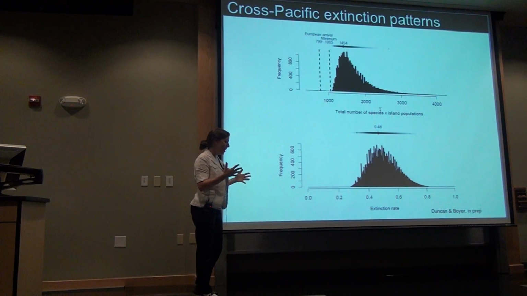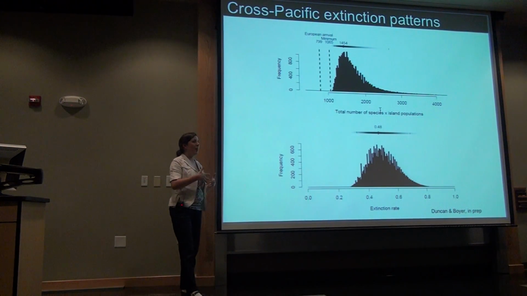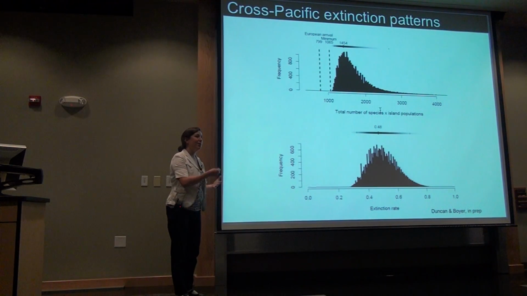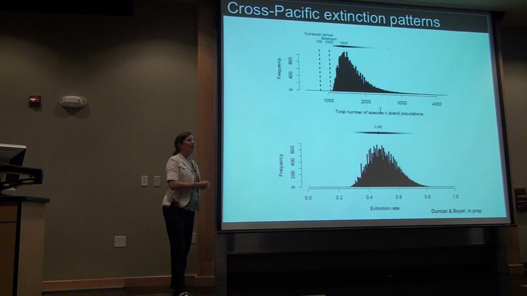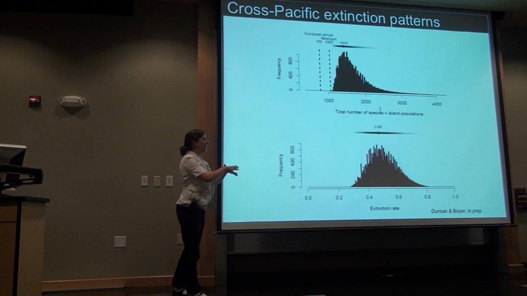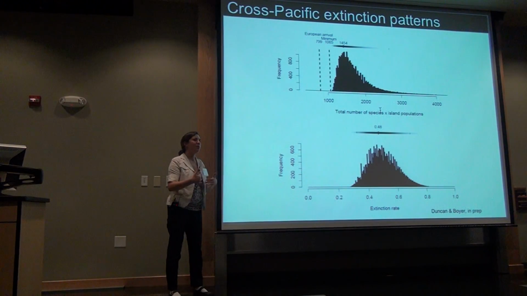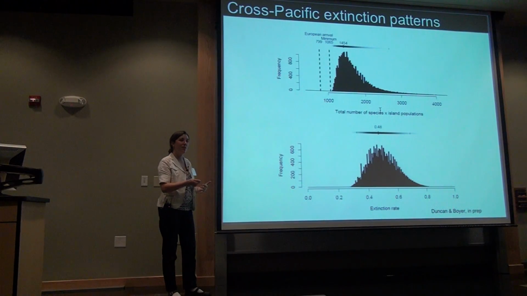We're using a mark recapture model to model fossil discovery. If it was marked, that means it existed and lived on the island, and being recaptured means that you actually found a fossil of it.